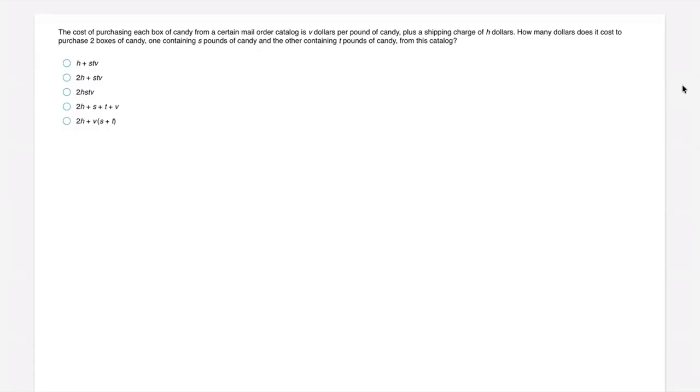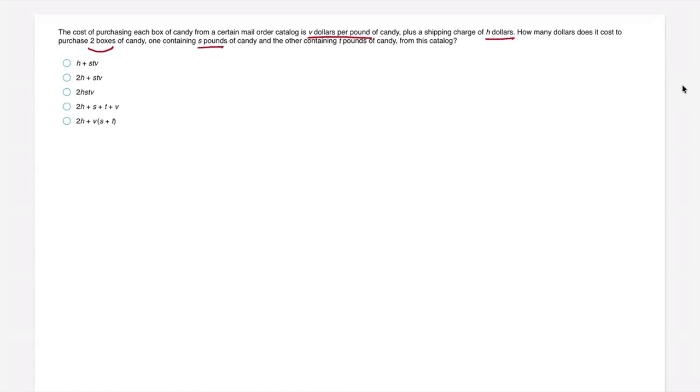The cost of purchasing each box of candy from a certain mail order catalog is V dollars per pound, plus the shipping that is charged $8 per shipping. How many dollars does it cost to purchase 2 boxes of candy, one containing S pounds?